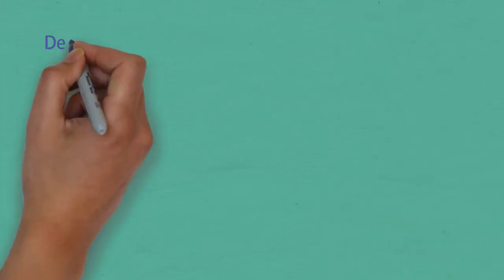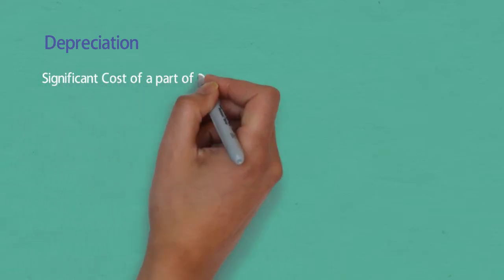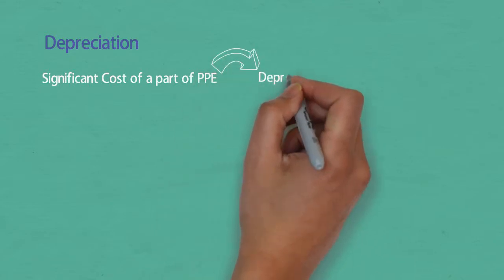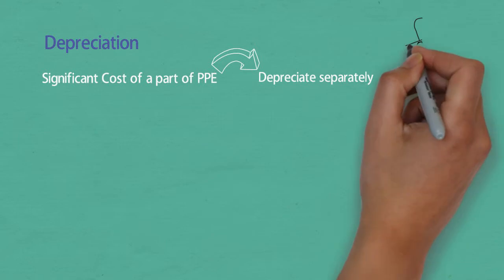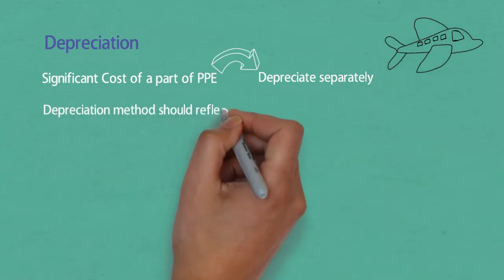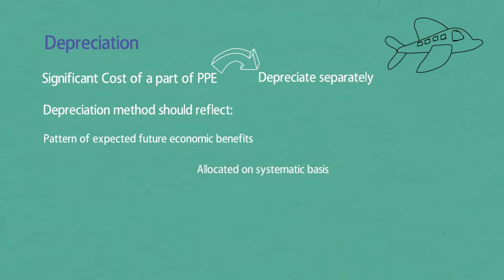We will now move on to another important aspect of PPE, that is depreciation. Ind AS 16 requires each part of PPE which has cost that is significant in relation to the total cost of PPE to be depreciated separately. In respect of determining the depreciation amount, the method used should reflect the pattern of expected future economic benefits and it should be allocated on a systematic basis over the useful life of the asset.